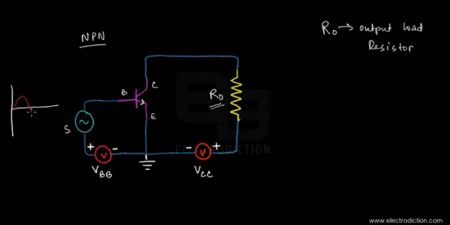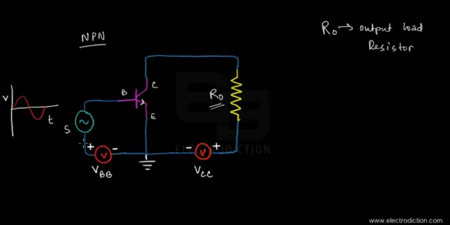Let's say the input signal has this sort of sinusoidal waveform, which I'm drawing in red. Let's say it is very small in magnitude, applied at the base terminal of this BJT in the CE mode configuration. And we have the voltage source known as VBB.